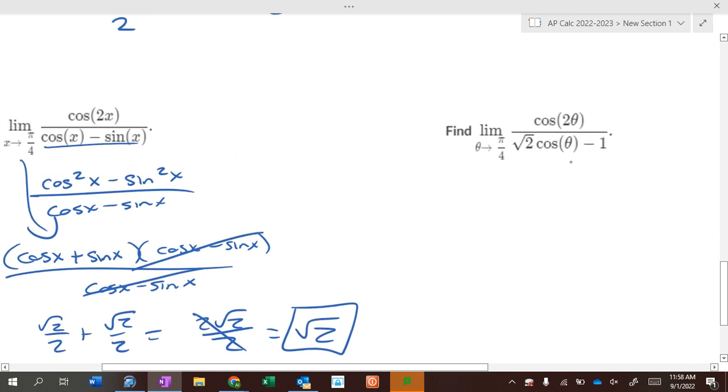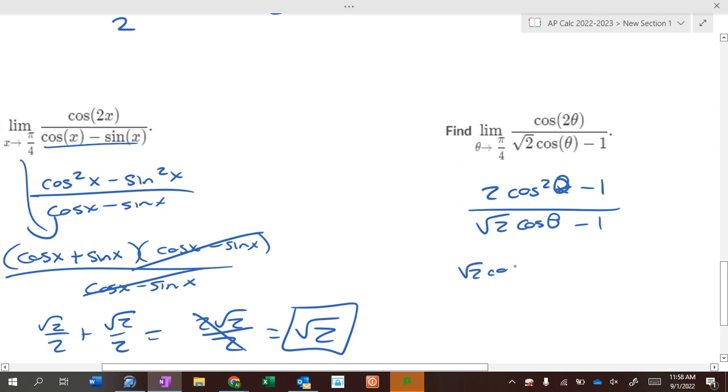Last one, cosine of 2x. Don't want to use this one. So what should I use? 2 cosine squared of x minus 1. Because that looks a lot like the denominator. Oh, I guess they use thetas, but if you use x, that's fine. So all we have to do is do differences of squares.